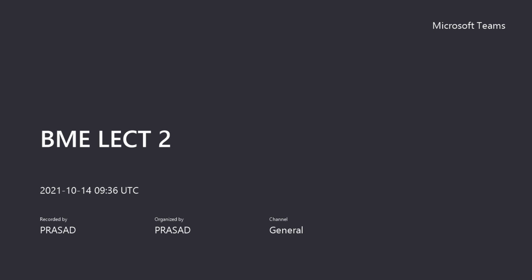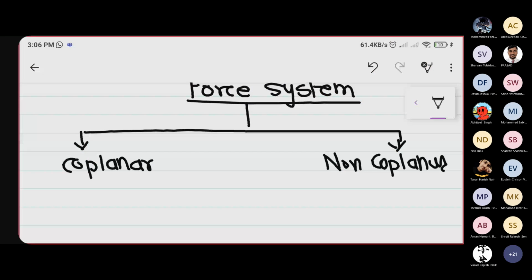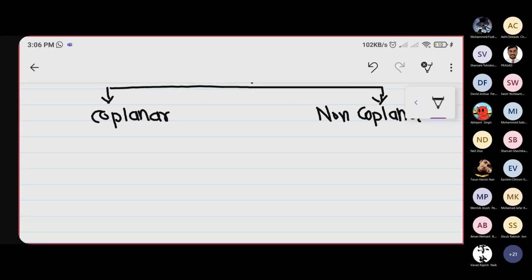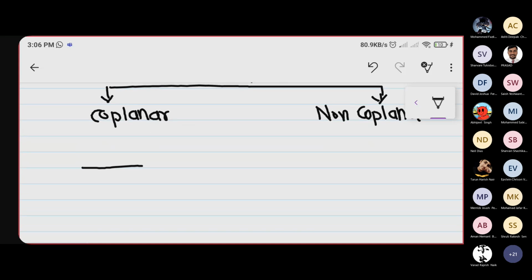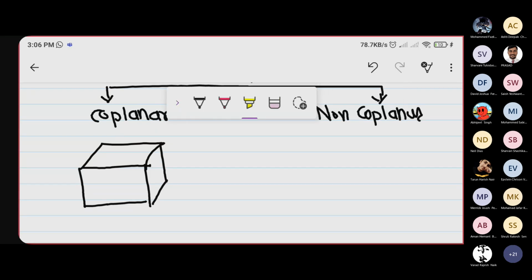Okay, so let's see what is coplanar and non-coplanar. Just imagine I use a cube. The cube is one where we can show different planes, right? So this is one plane.